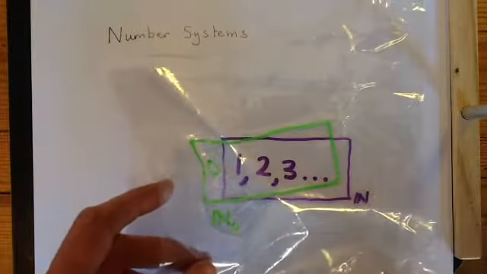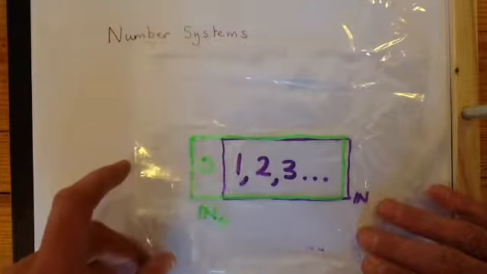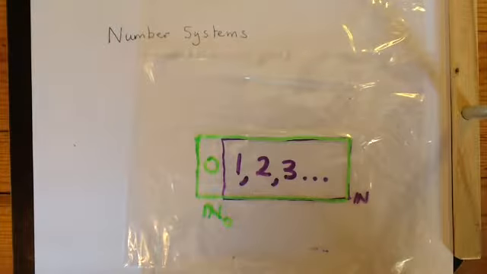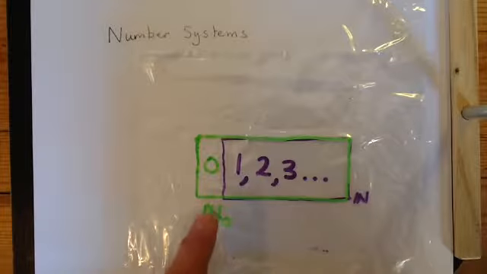So if we introduce 0, see if I can arrange my plastic bag like that, okay. If we add our 0, we now have a new set of numbers, which includes the old set. Now we have what are known as the whole numbers, and here's our sign for the whole numbers, N with a little 0.